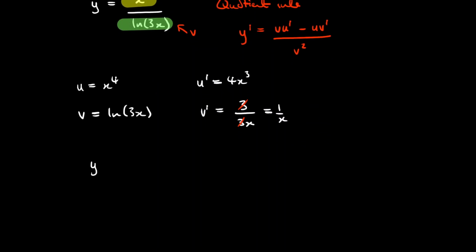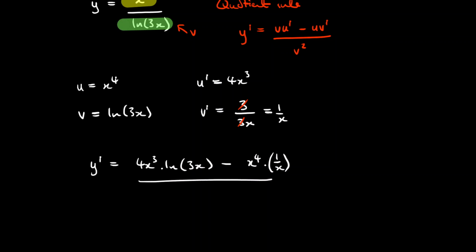So y prime will be equal to v times du/dx, that's 4x cubed times ln(3x), minus u times dv/dx, so that's going to be x to the power of 4 times 1 upon x, all over v squared. So that will be (ln(3x)) all to the power of 2.